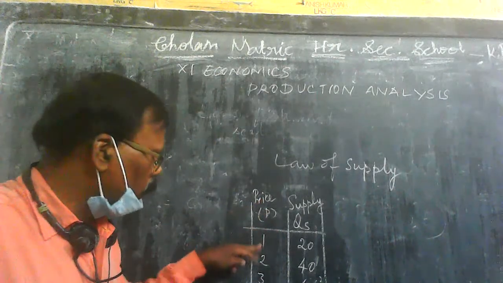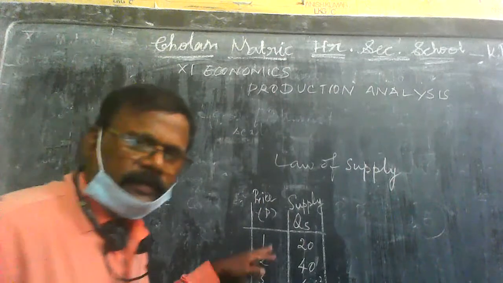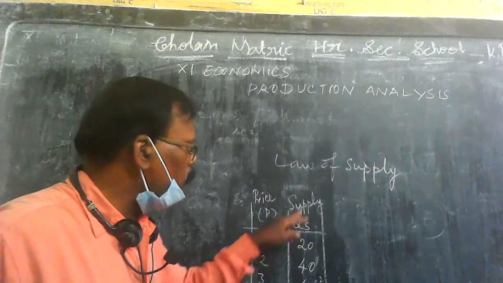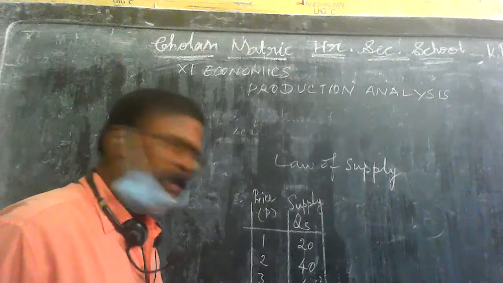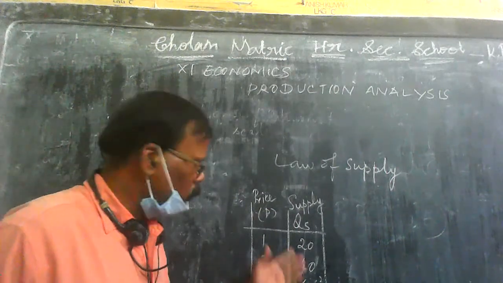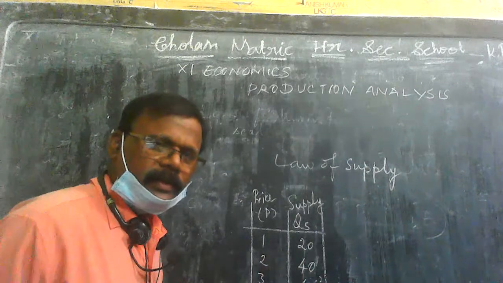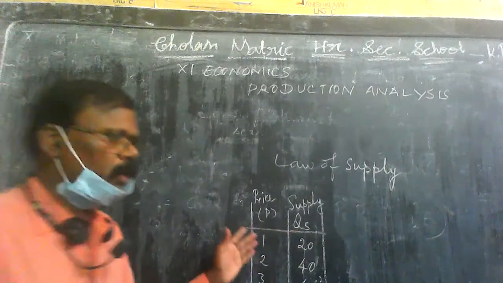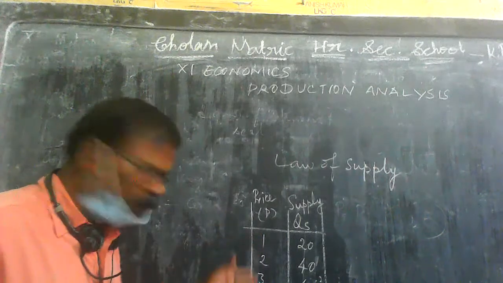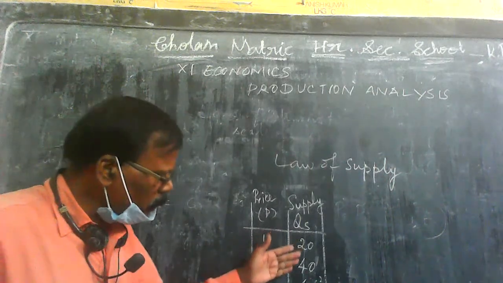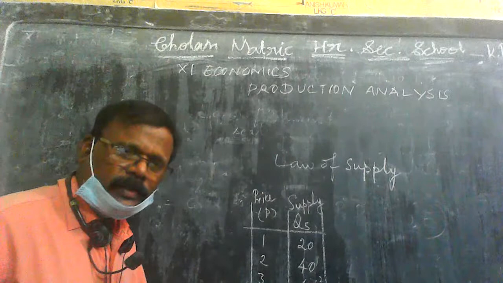Price 1, 2, 3, 4, 5. Here quantity supplied 20, 40, 60, 80, 100. So supply also increases. According to the data given in the schedule, as the price increases, the quantity supplied also increases.